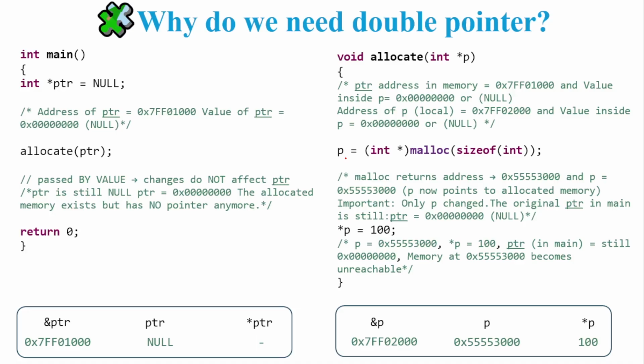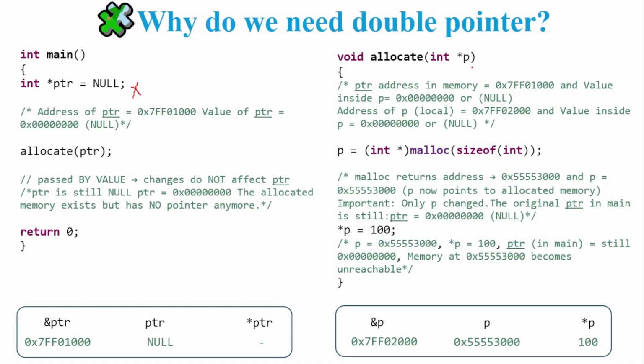Now imagine a pointer inside a function. We will return the pointer by a double pointer. When our goal is not to modify the content of a variable, but instead to modify the pointer itself, for example, to assign it a new address or dynamically allocate memory, a single pointer is no longer sufficient.